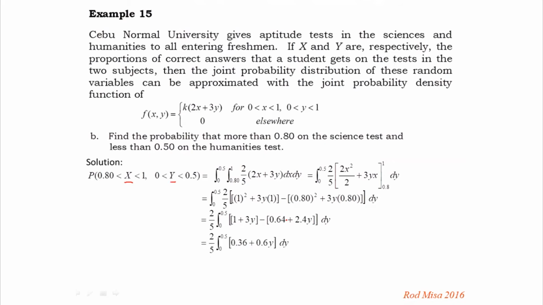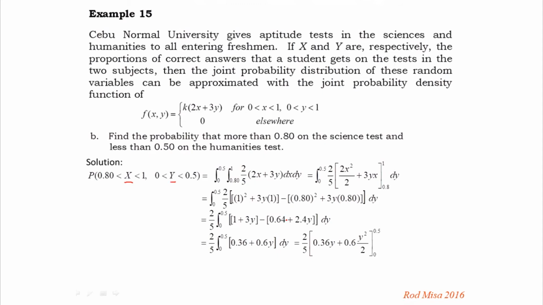So removing our square brackets, we have 0.36, which is the difference of 1 and 0.64, as well as 0.6y, which is the difference of 3y and 2.4y.